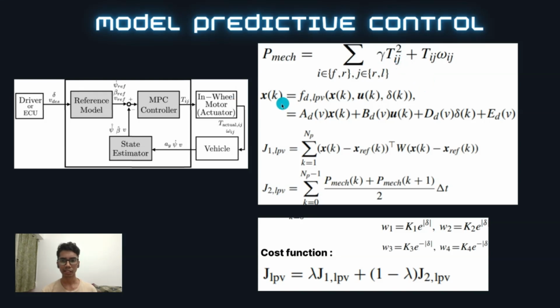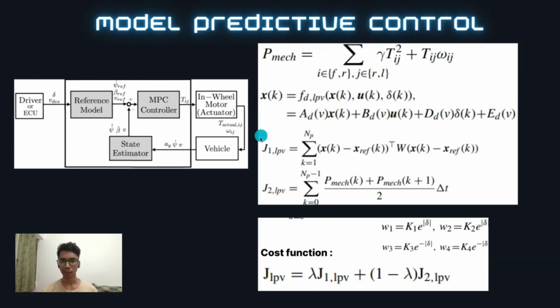Now, the future next state is calculated by using this equation, which takes in the current state, the current torque input which is given to each wheel, and the steering angle. Based on it, it considers the vehicle model and generates the next state.